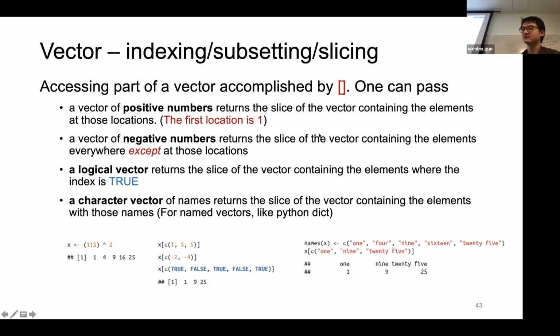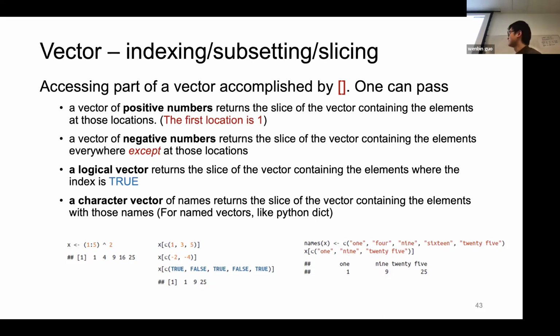You are going to use the square bracket operator. You have 4 different choices. The very first choice is to put some positive numbers indicating position 1, position 2, that is, the index of these positions.